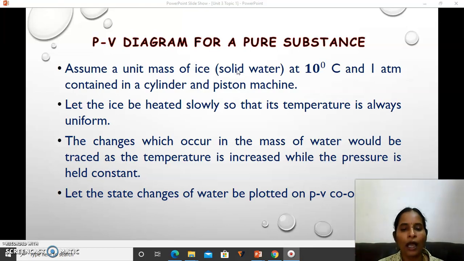Now, what are the topics to be covered in this third unit? In the initial stages of unit 3, we will cover how steam is formed, and during the formation of steam, how the state properties, pressure, volume, temperature, enthalpy and entropy, change, whether they rise, reduce or stay constant, why they stay constant, and how they are plotted.